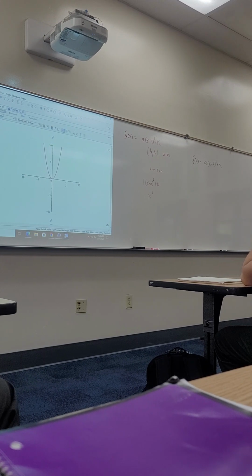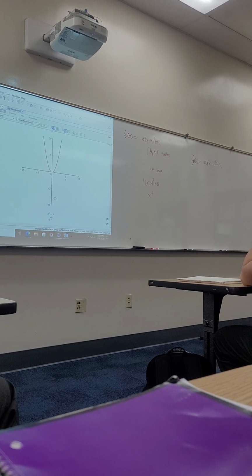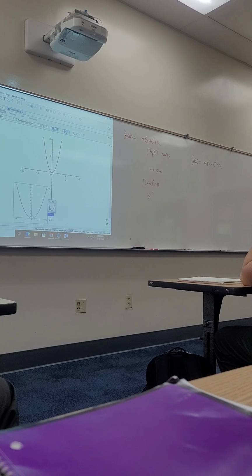X squared, well, technically it'd be x minus 0 squared, which is still x squared, right? But plus, say, pick a number. 5. I like 5. I'm gonna take x squared plus 5, I'm gonna throw it up here on this graph. What do you think's gonna happen when I let go of this mouse? It's gonna go up 5.